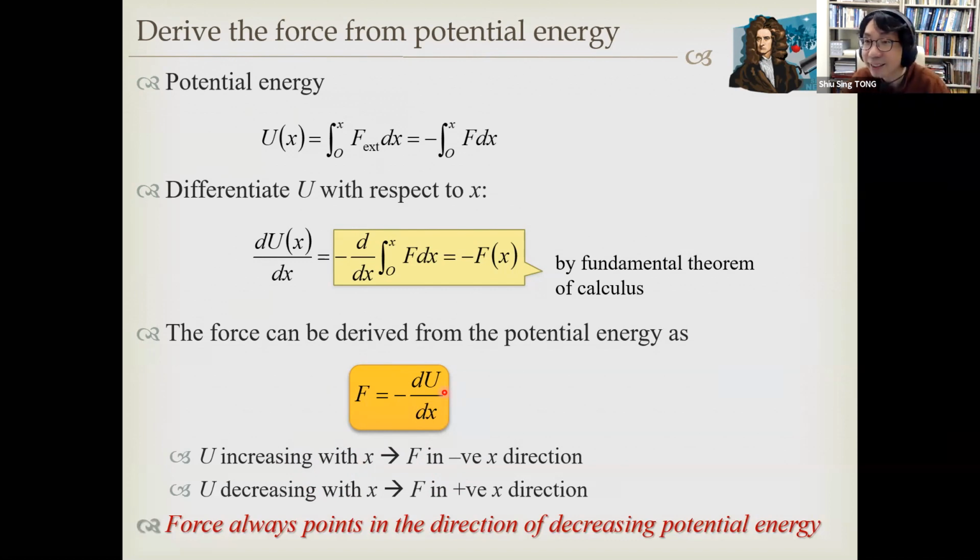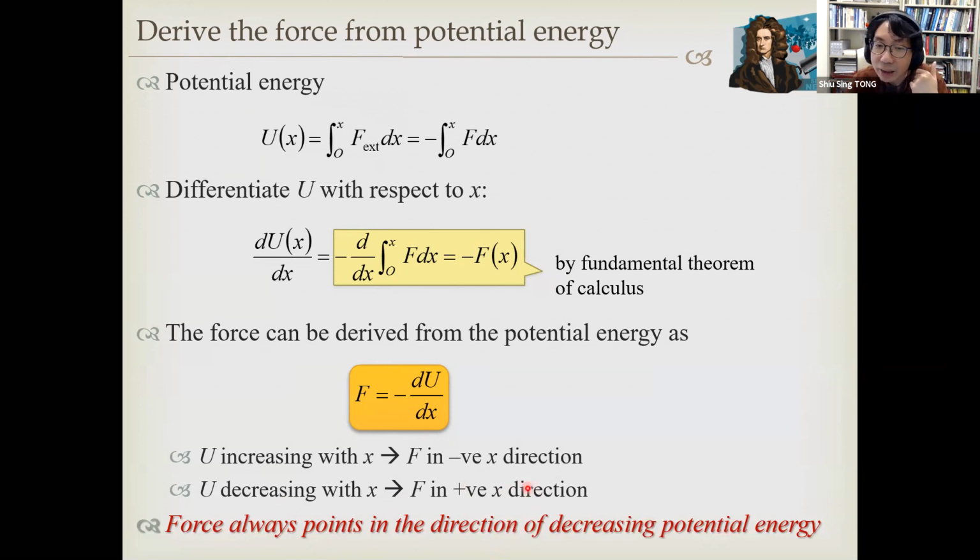But with a minus sign, that means the force is in the opposite direction, in the direction of decreasing U. Okay, and on the contrary, if U is decreasing, then dU/dx is negative. If I add an additional minus sign, that means the conservative force is in the positive x direction. It is in the direction of decreasing U. So the interesting thing is that the conservative force always points in the direction of decreasing potential energy.